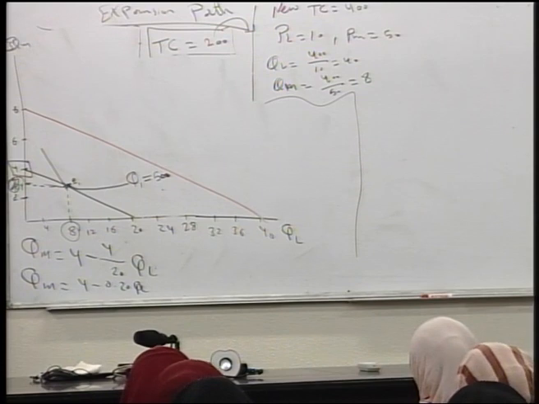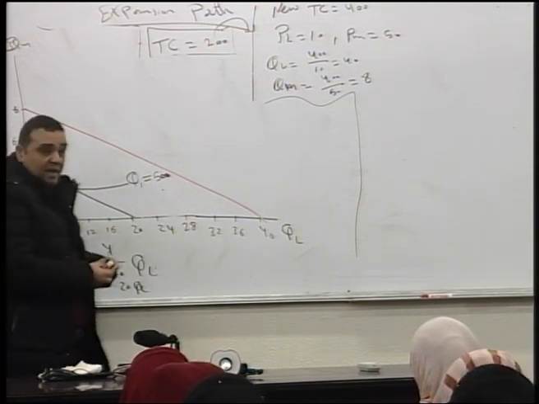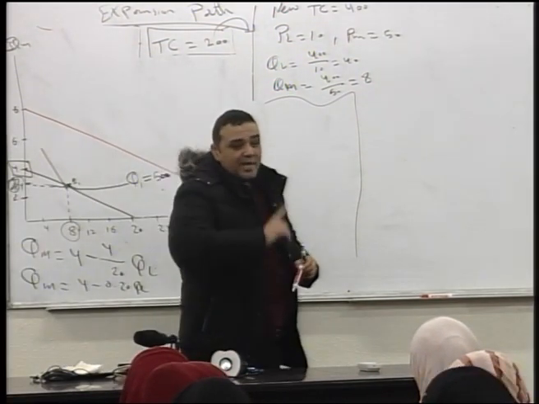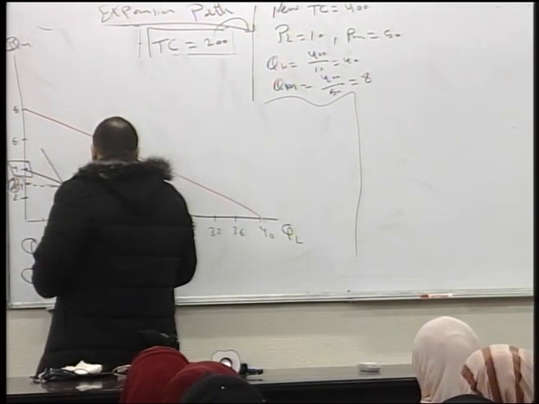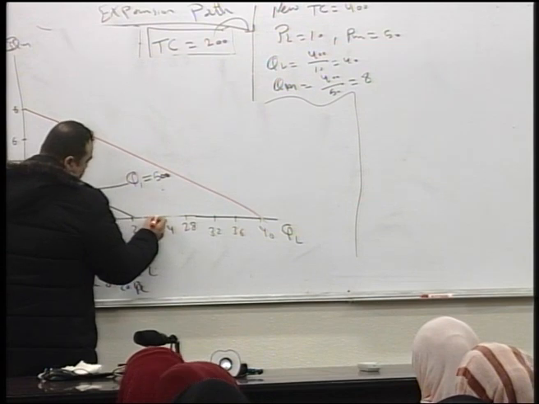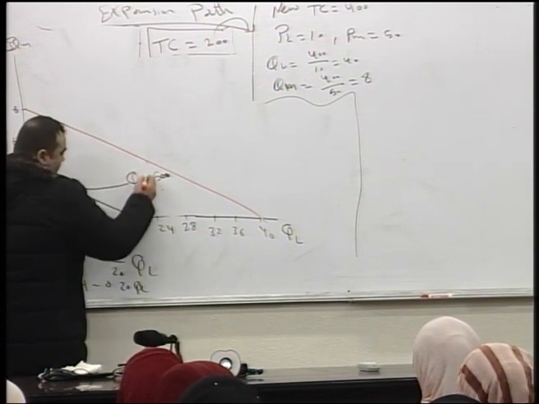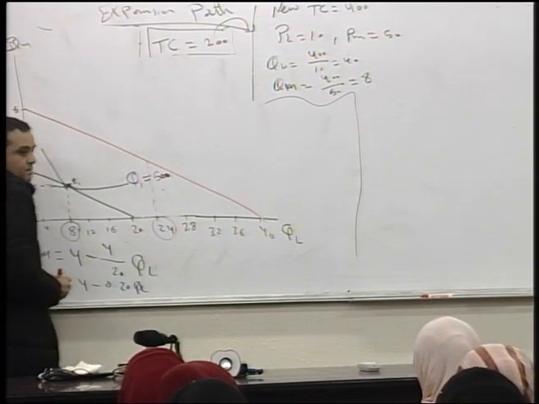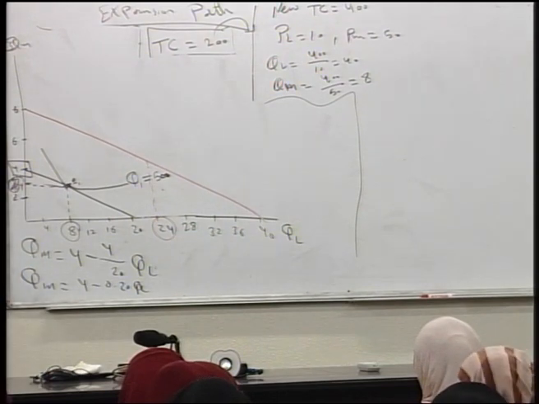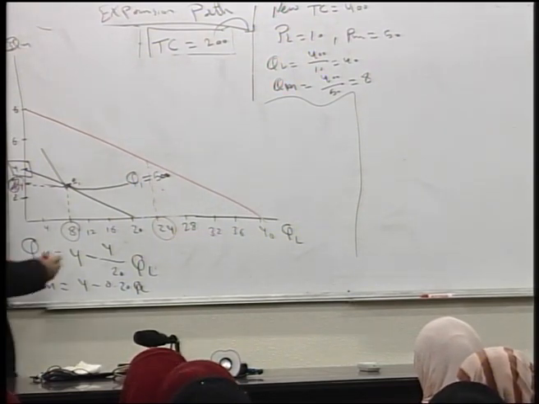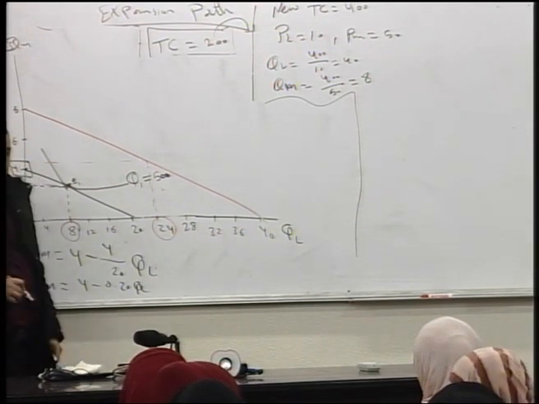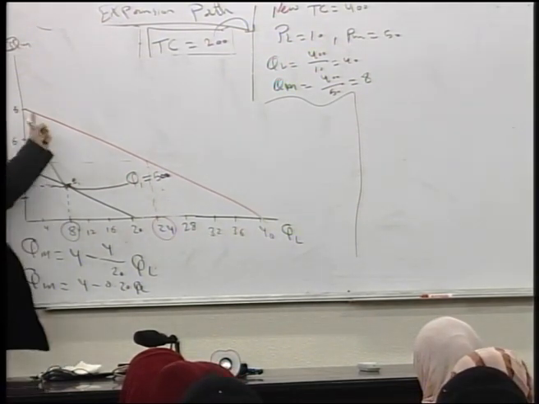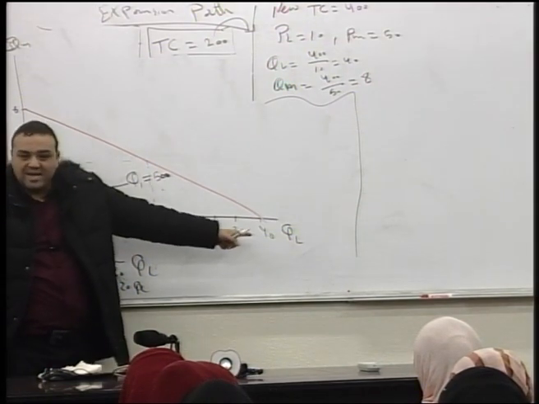If the new equilibrium occurs at QL equals 24, how many machines should we buy? We have to derive the new budget line formula, or the new isocost line formula.